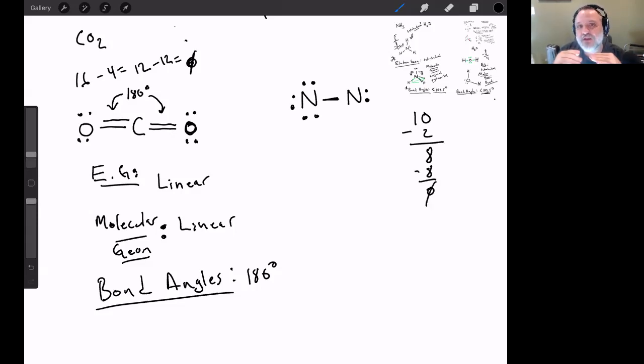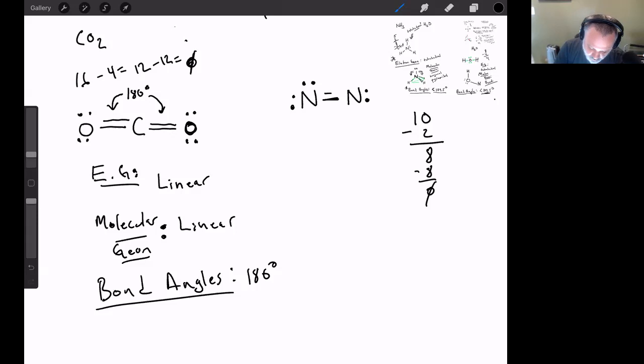Remember, this is the clue that tells me I'm ready to make multiple bonds. And so I continue to make multiple bonds until I have octets. But what I have to do is erase electrons, because remember, when I used those lone pairs, all the valence electrons in the molecule are already on the page.